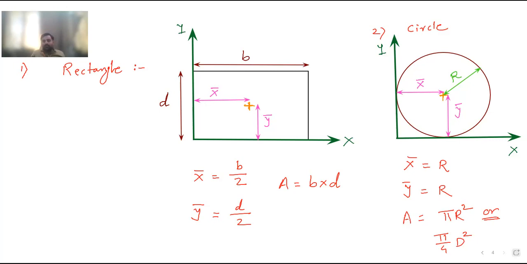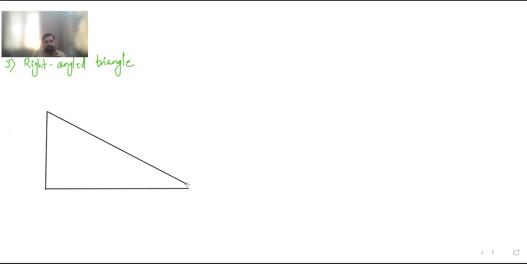So the third figure is the right angle triangle. This is the right angle triangle.